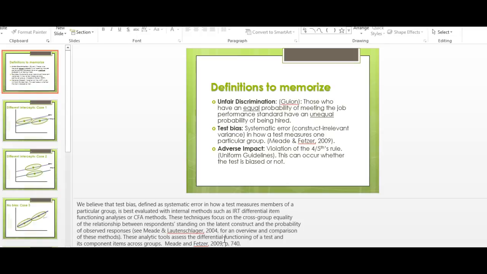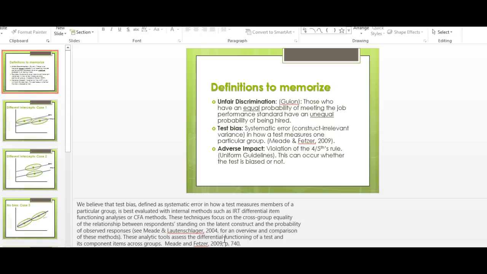Remember, test bias is when we have either intercept bias or we have slope bias. And I'm going to put some further nuances on that here. Mead and Fetzer talk about test bias conceptually in terms of criterion contamination, predictor contamination, so construct irrelevant variance.